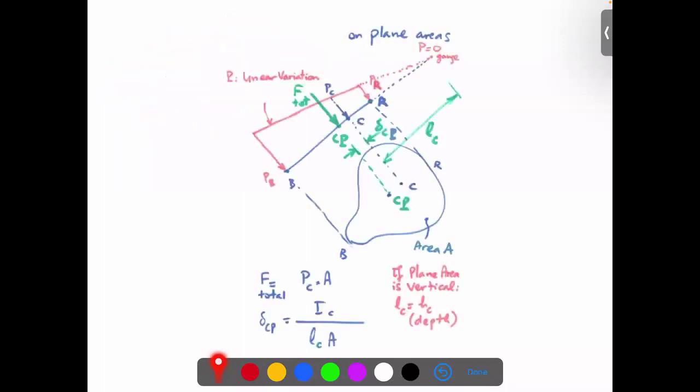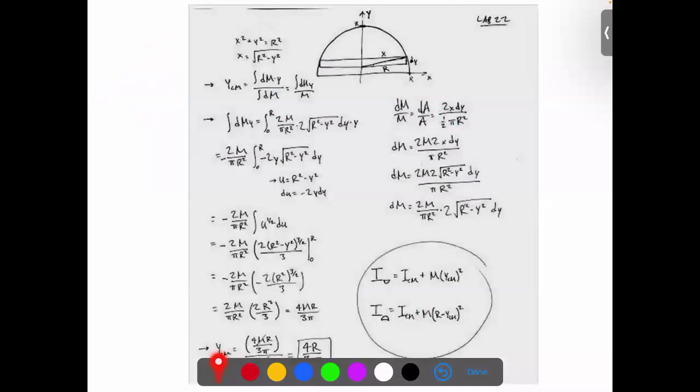We have two theories here. For a submerged problem, delta CP is the distance between the centroid and the center of pressure. This distance can be calculated from a formula involving IC, the second moment of inertia, length, and area.